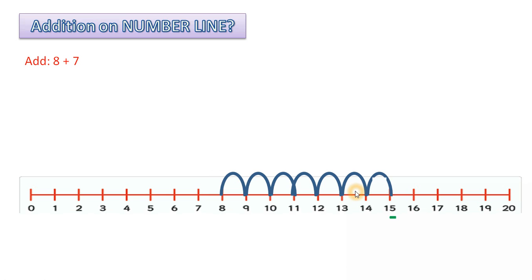Then again 1 jump, that is 7. So I took 7 jumps. And where did I arrive? I reached 15. So 8 plus 7 gives 15, and I moved towards the right. So our sum is 15. This is how we add numbers on the number line.